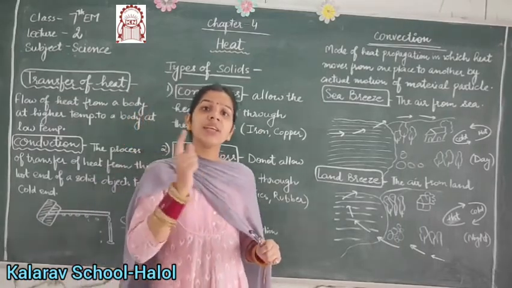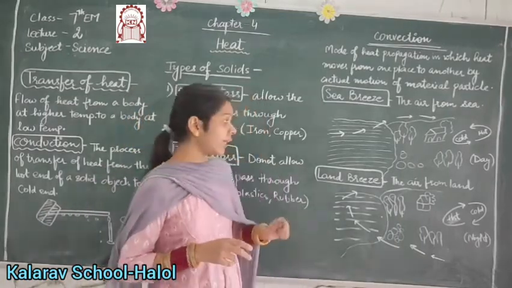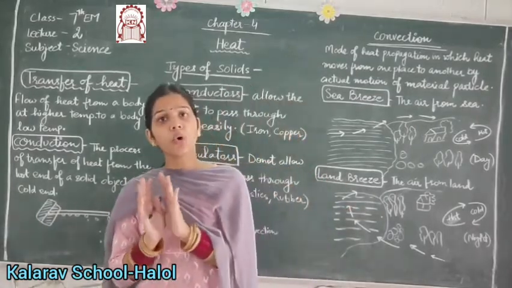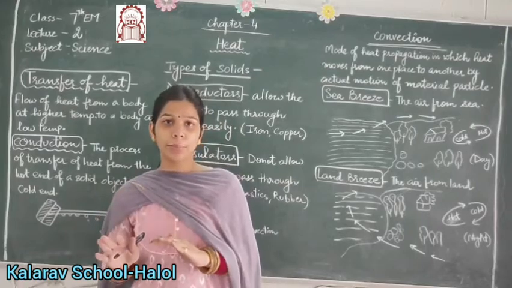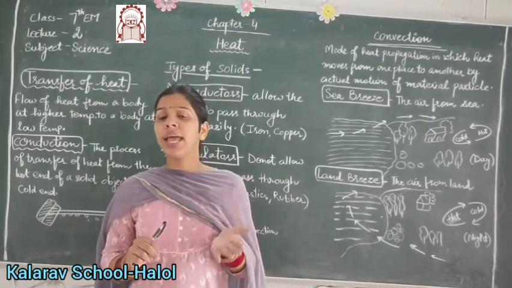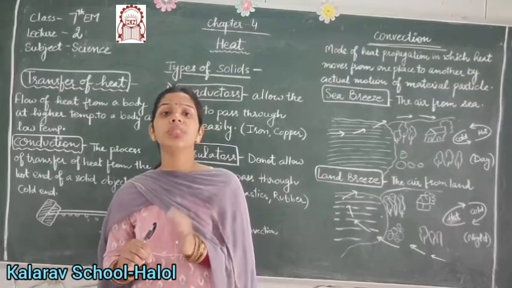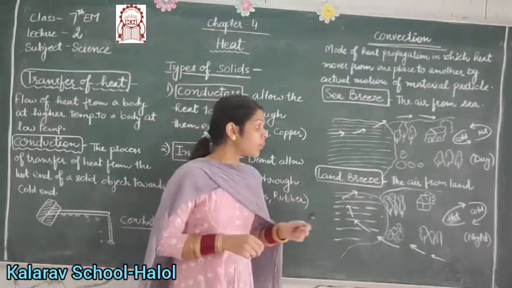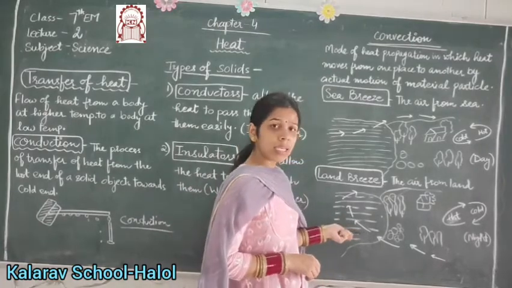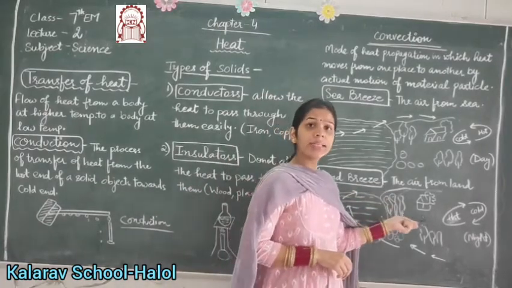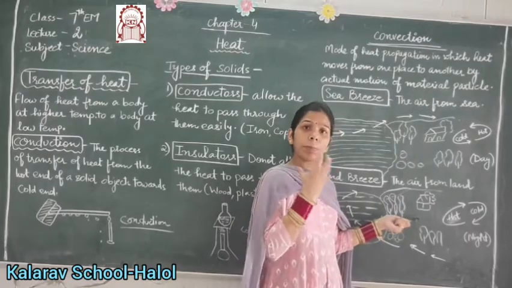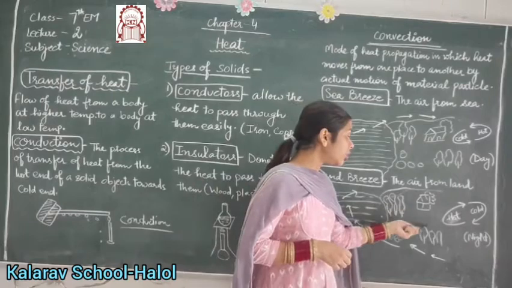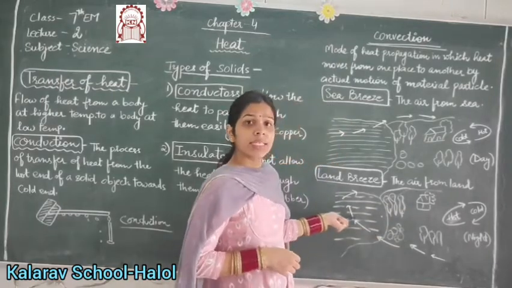Similarly, the process is reversed at night. At night, land and sea both cool down to lower temperatures, but the temperature of the land is lower compared to the sea water. So at night, the hotter air from the sea goes towards the land, and to complete the cycle, the colder air from the land goes toward the sea.